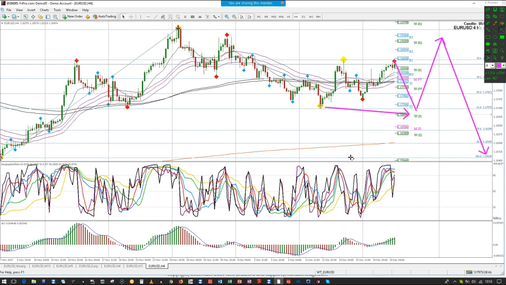It's just that each time frame has to cycle through before the next one kicks in. What I'm saying is that we're not necessarily going to get the 1-hour lower royal and the 4-hour lower royal all in one hit. We could get the 1-hour lower royal, retrace, and then get the 4-hour lower royal.